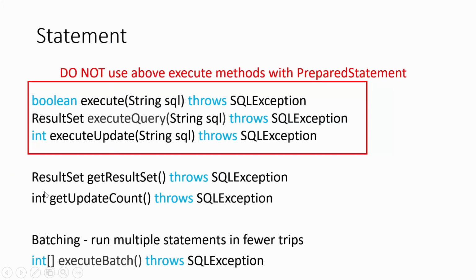Okay, we have seen these two methods. And what is the meaning of batching? JDBC supports batching. You can run multiple statements in fewer trips to the database, and often the database is located on a different machine than the one the Java code runs on. So saving the trip to the database saves a lot of our time, because network calls can be expensive.